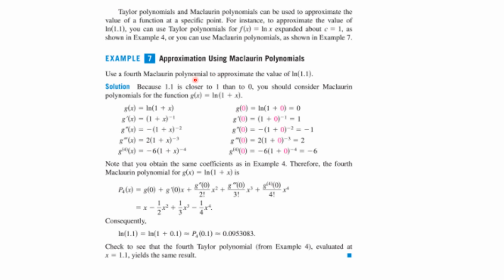Now I'm going to say a couple more things about approximation using what I'm going to call a Taylor series polynomial. Suppose we wanted to use the fourth order Taylor polynomial to approximate the natural logarithm of 1.1. We're going to let g of x, the function that we're using here, be the ln of 1 plus x.